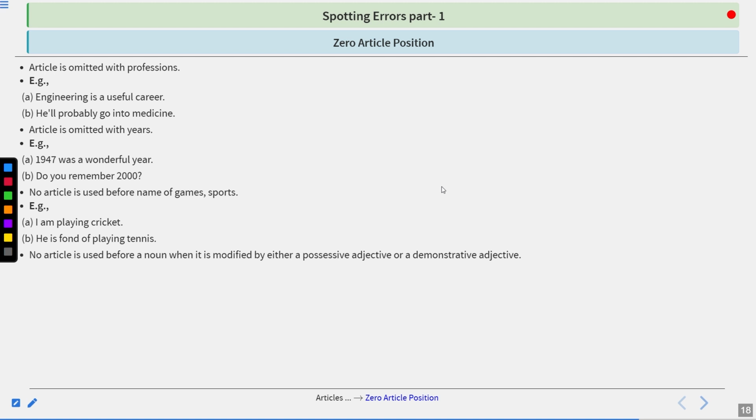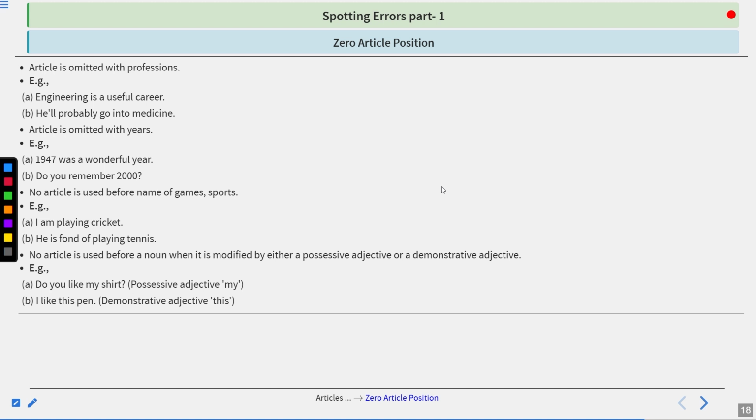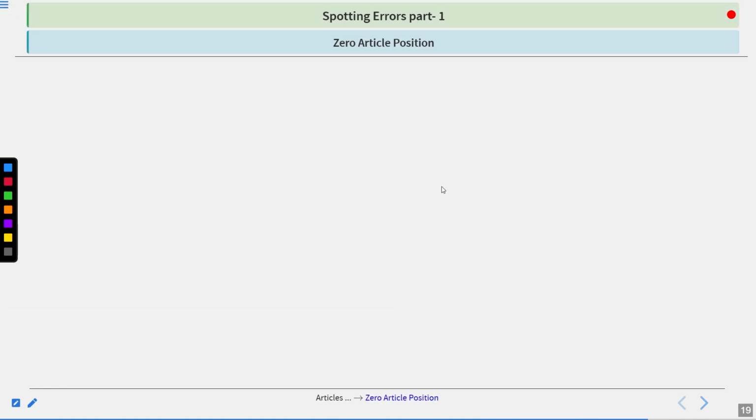No article is used before a noun when it is modified by either a possessive adjective or a demonstrative adjective. Do you like my shirt? Possessive adjective: my. I like this pen. Demonstrative adjective: this. Zero article position. No article is used before a noun when it is preceded by a distributive adjective.